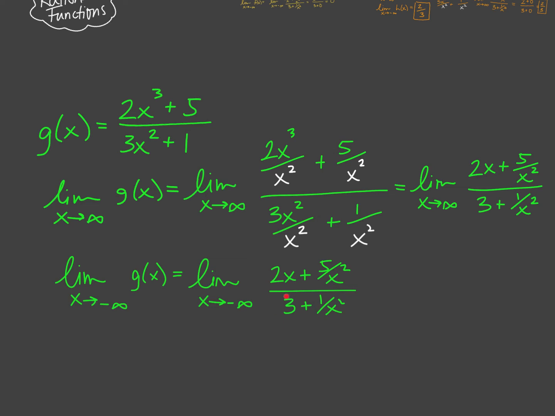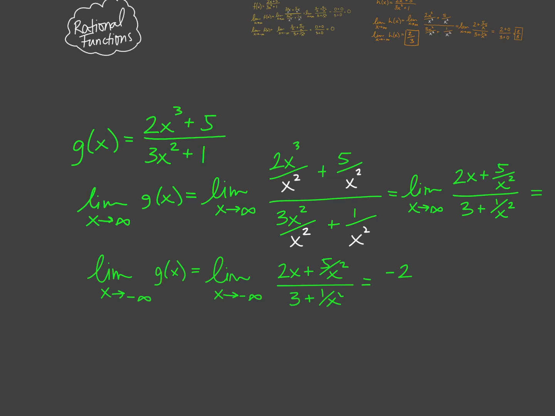Now, in this case here, the 3 is still going to approach 3, but this 2 times x, when plugging in a very, very small number, we are going to get 2 times negative infinity. And so when we get that, we could write it as negative 2 times infinity, but I'm simply going to write it as just negative infinity, and then it'll be over 3, which using that same logic is negative infinity.